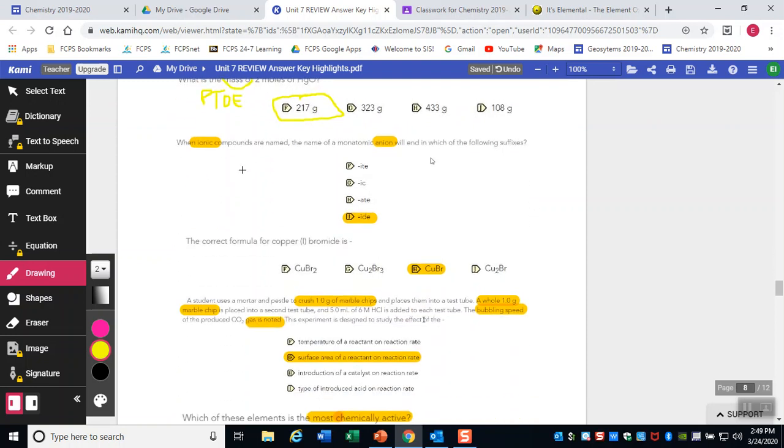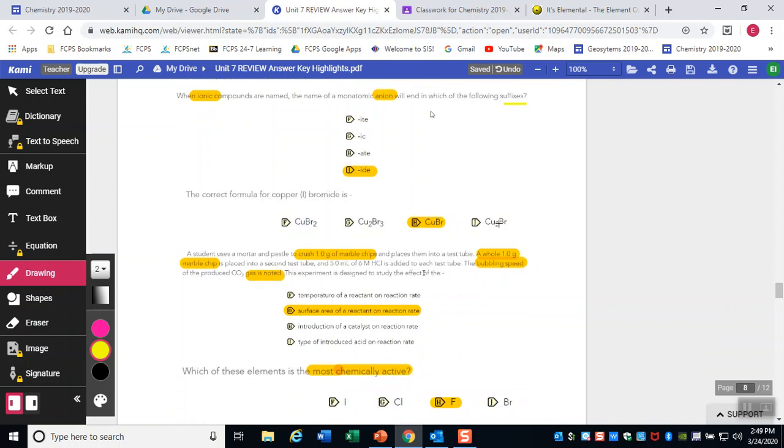So now it says when an ionic compound is named, the name of the monatomic anion has the following suffix, so that's at the end of it. So if it's ionic, it ends in "ide." All right. If you have copper 1 bromide, copper 1 means you have copper, and it's a +1. That's what that means, right? Copper is a transition metal, so that tells you the charge is +1. And then bromide is -1.